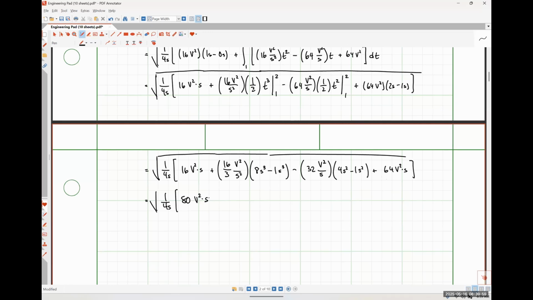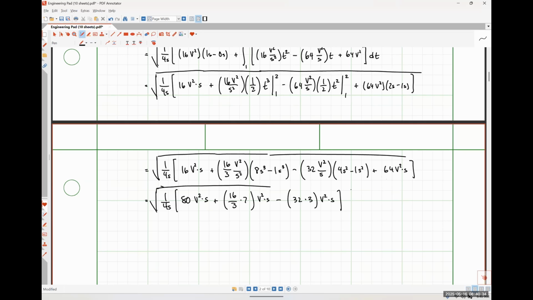So let's see. So this is going to be 16 thirds times 7, and the units here should be volt squared seconds. And then minus 32 times 3, and the units here will also be volt squared seconds like so.